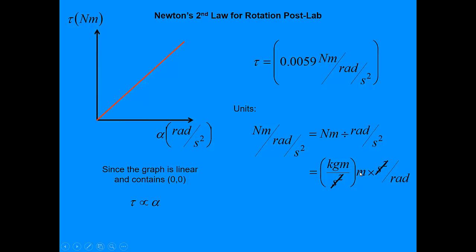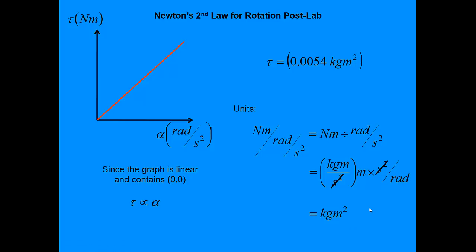The meters, remember these are meters, not mass, combine. A meter times a meter is a meter squared. And the radian, because it's a name, not really a unit, just disappears. And so our reduced units are kilogram meters squared. So let's throw that in there.